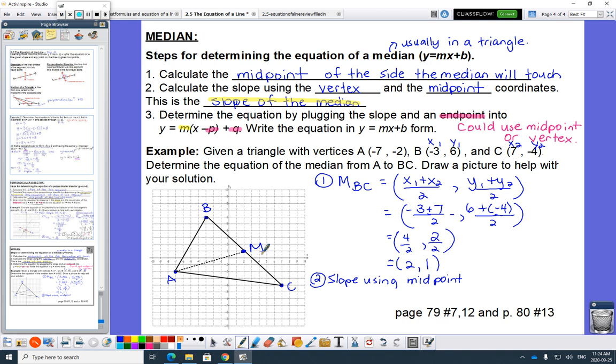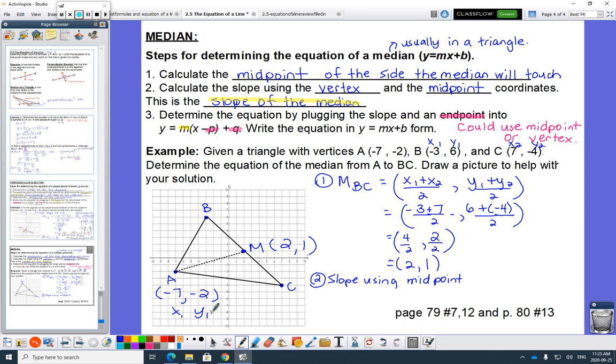And when you draw the line in, this might help you know what points you're going to use. You're going to use A and you're going to use M. So A is -7, -2. M is 2, 1. So it doesn't really matter.